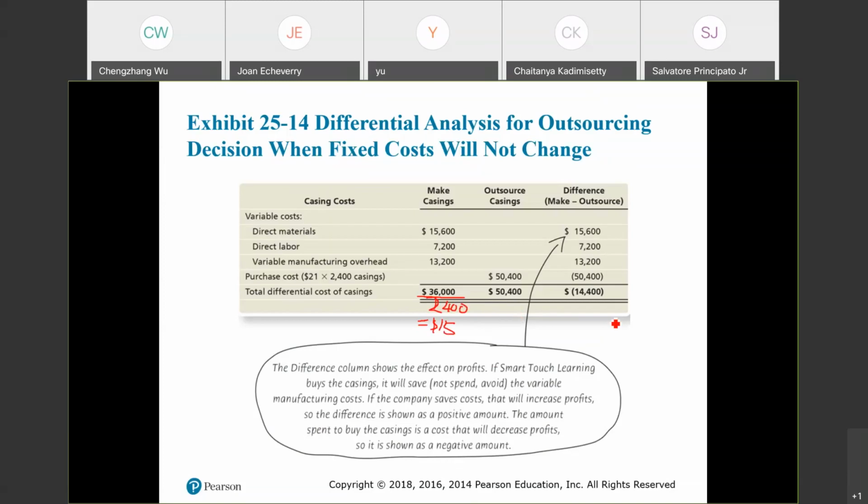The company will have to pay the variable outsourcing cost of $21 per unit. That is, to outsource, the total cost divided by 2,400 is $21 per unit.